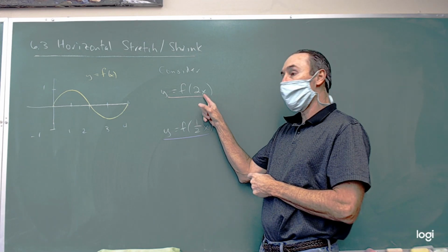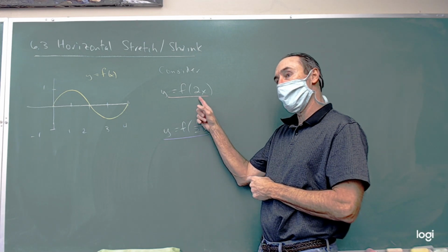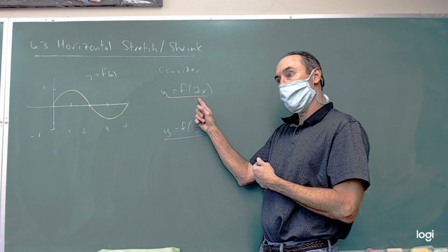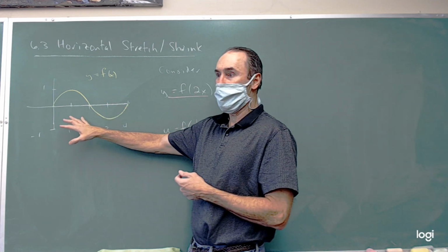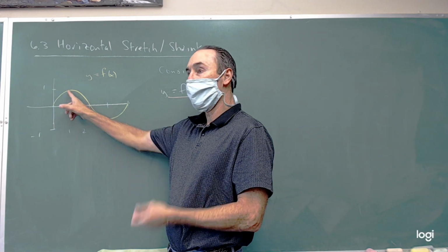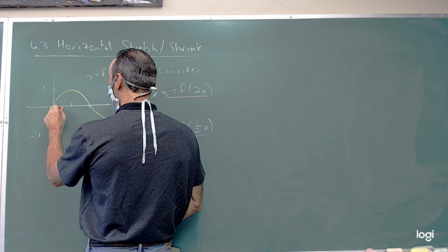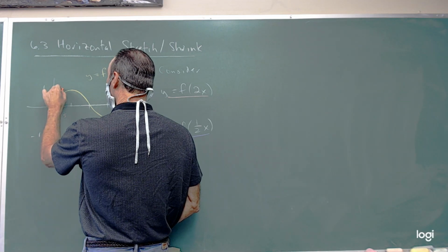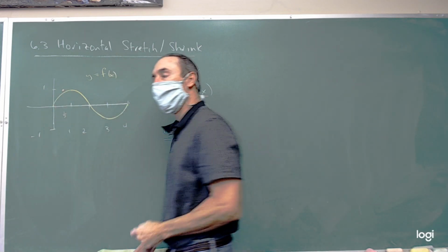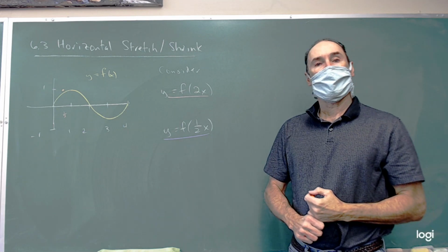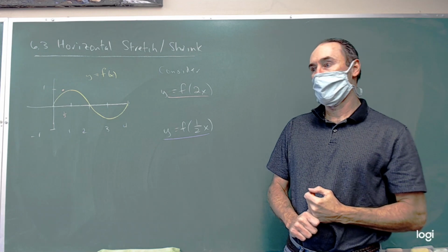So plugging in a 1/2 gets multiplied by 2 and becomes 1. We evaluate f of 1, which our graph tells us is 1. So when we plug in an x value of 1/2, we get that same y value of 1 that we got in the original yellow function f of x.